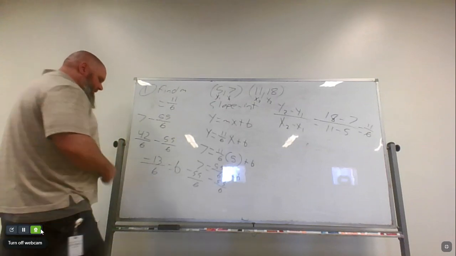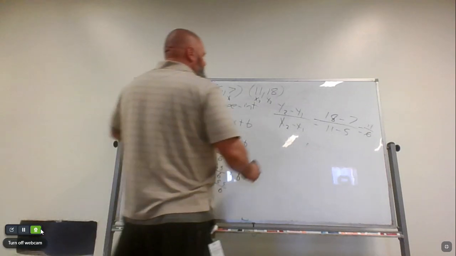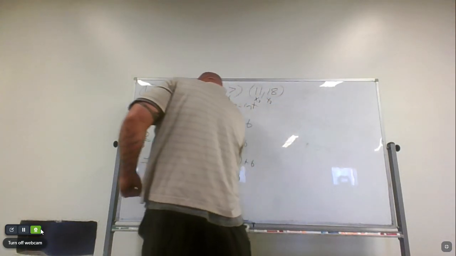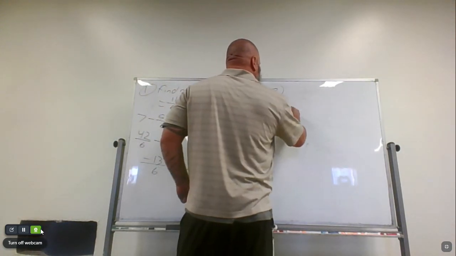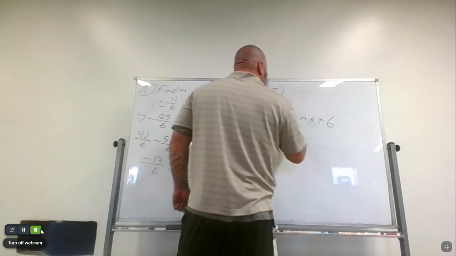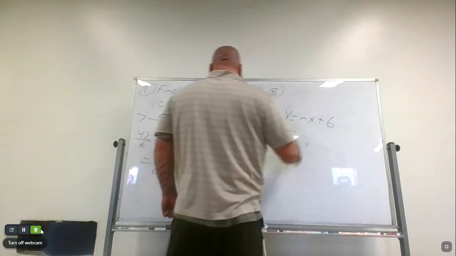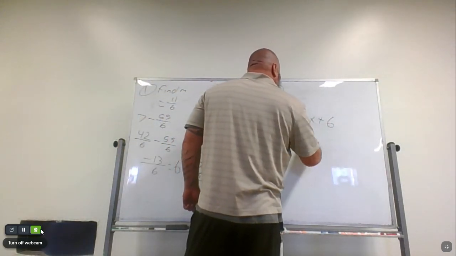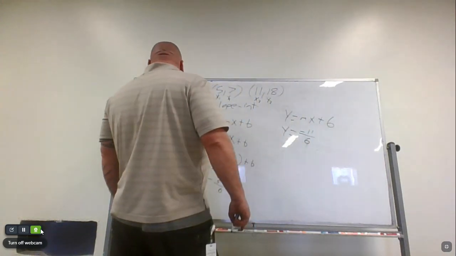So now we can write this in slope-intercept form. We have our y equals mx plus b. We say y equals m. What's our m value? 11 over 6. And what's our b value?